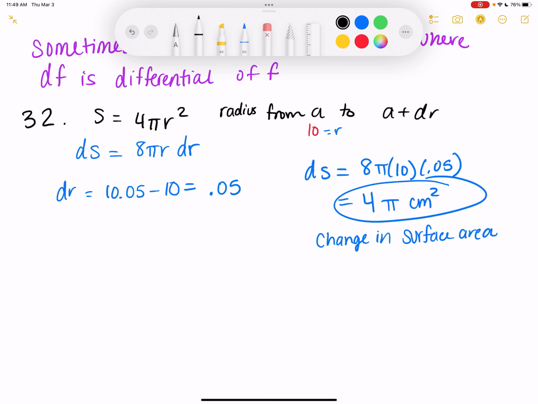So the next problem is another surface area problem. Okay, the change in the lateral surface area S equals 2 pi r h of a right circular cylinder when the height changes from A to A plus dh, and the radius does not change.